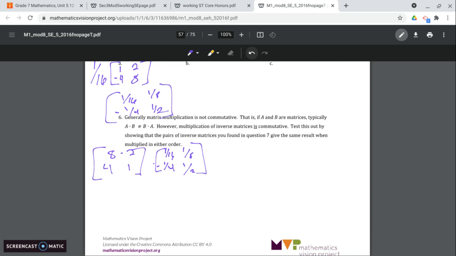Remember, multiplying matrices is row by column. So row by columns, this is going to equal 8 times 1/16 plus negative 2 times negative 1/4. And then the next one, we'd have 8 times 1/8 plus, sorry, I just lost where I was, negative 2 times 1/2.